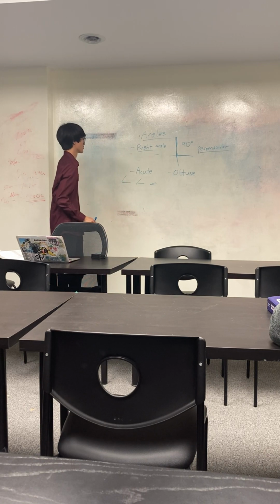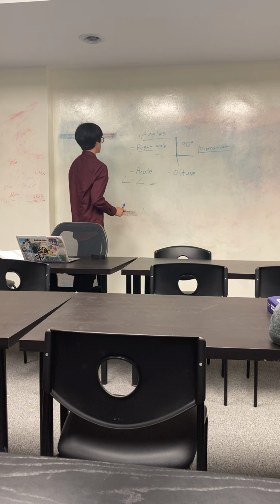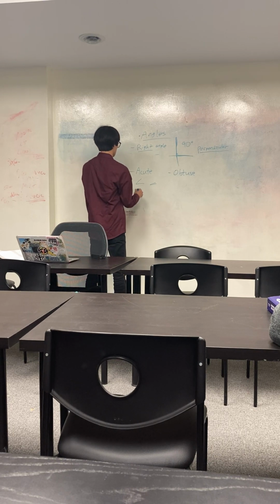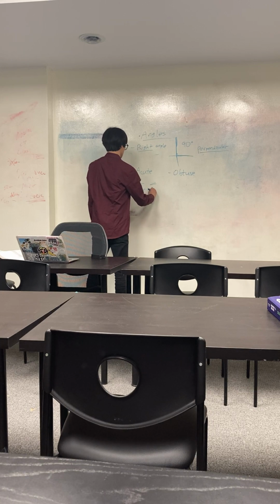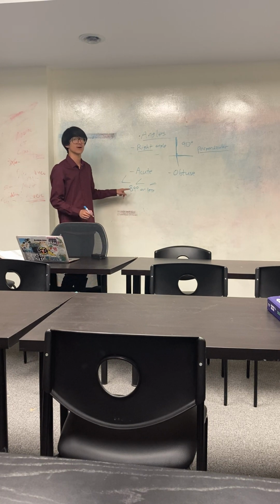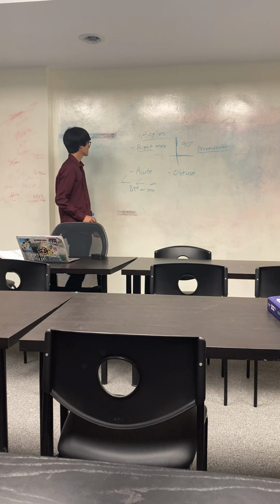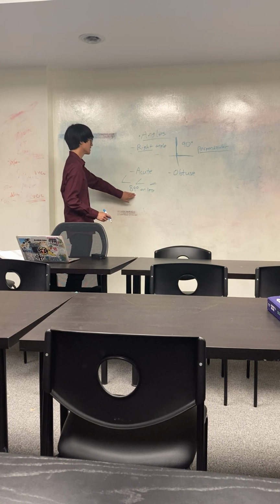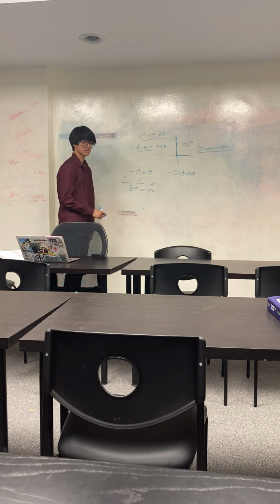These are horrible drawings, but the key thing with an acute angle is that it is 89 degrees or less. That's right, even if it's 89 degrees, that still counts as acute because it's not quite 90. So any angle that is 89 degrees or lower is considered acute.